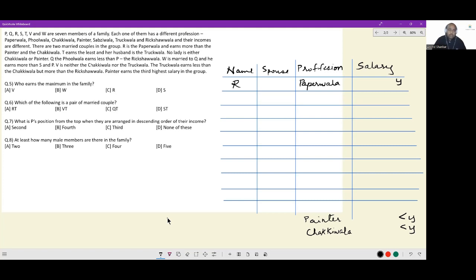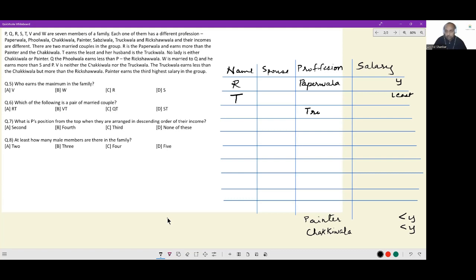T earns the least and her husband is the truck wala. So her salary is the least, and her husband is the truck wala.